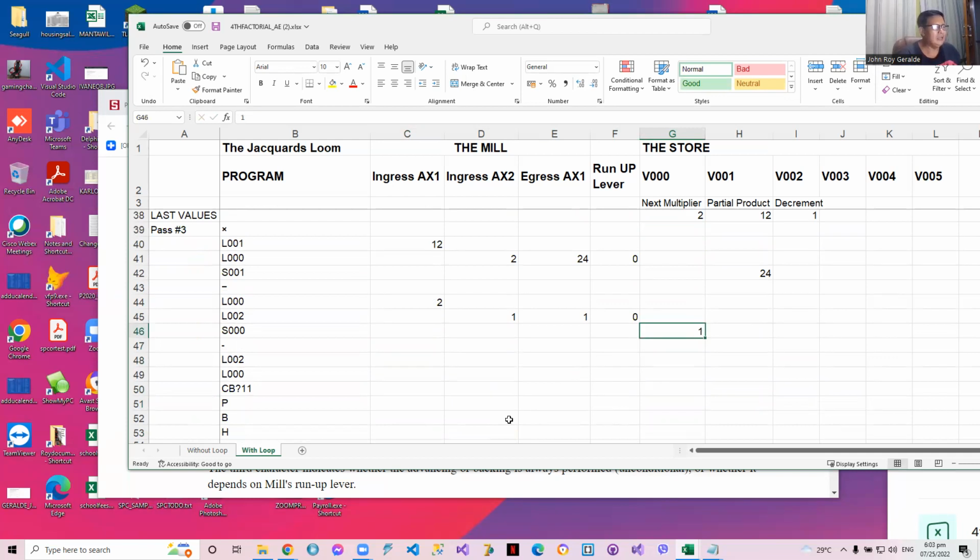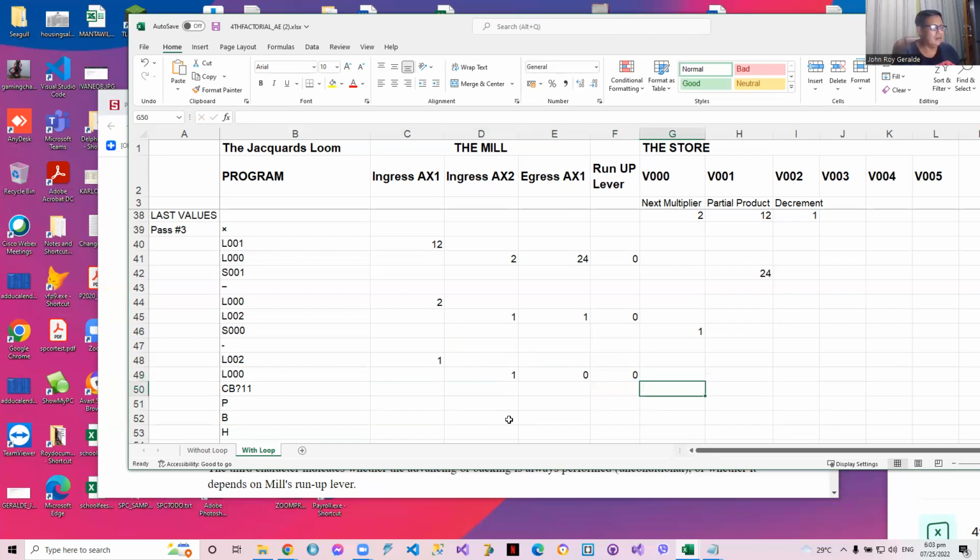So this 1. Okay? And then what will we do? We'll proceed to minus L002. What's L002? 1. L000? 1. So 1 minus 1 is 0. The run-up lever is 0. Do you follow?